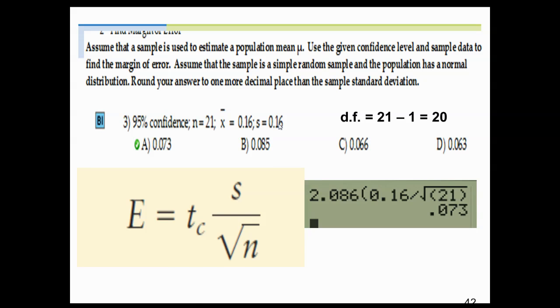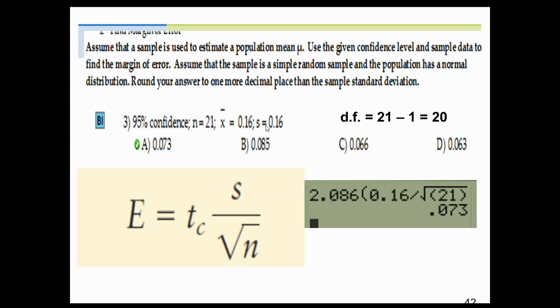All right, so how to calculate error? It's the t-score. The t-score associated with a 95% confidence interval and degrees of freedom 20. If I went to my chart, I found 20 in the left-hand column, and I looked for 95% across the top. Where they intersect would give me a number of 2.086 for a t-score.